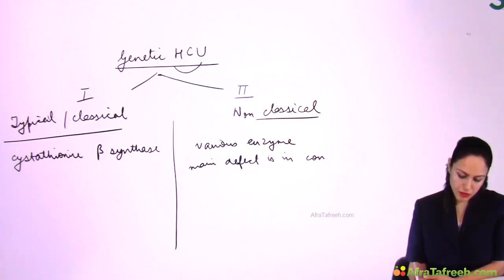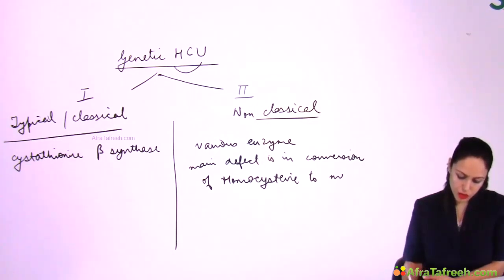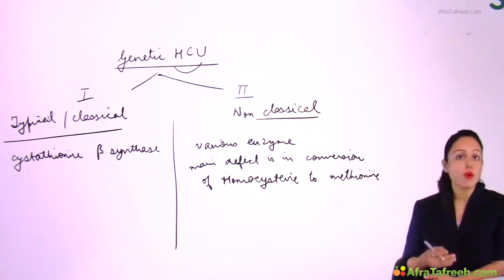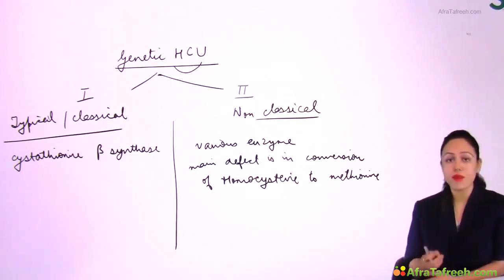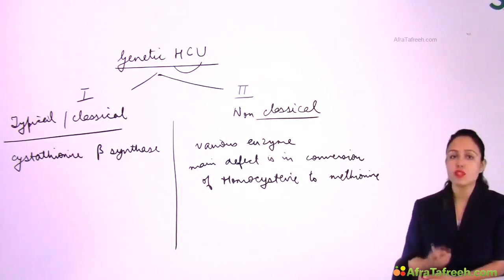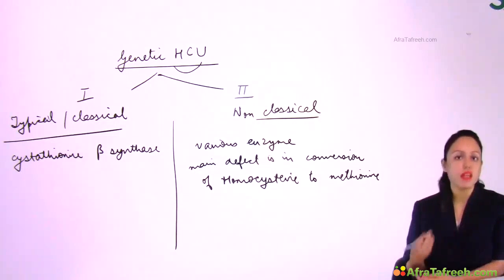And in non-classical homocystinuria, various enzymes may be defective, and here the main defect is in conversion of homocysteine to methionine. There may be a defect in the formation of active folate, or in the formation of the active form of vitamin B12, or deficiency of the enzyme homocysteine methyltransferase.